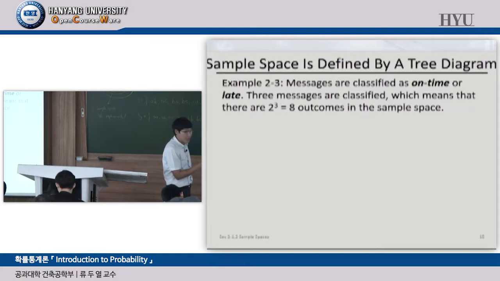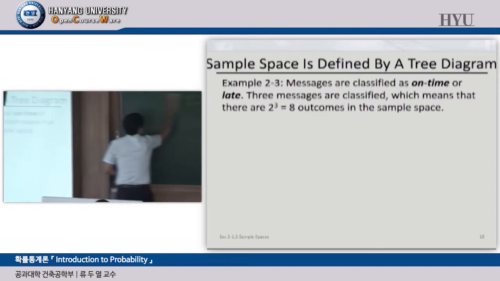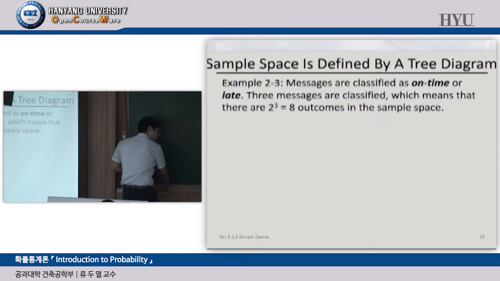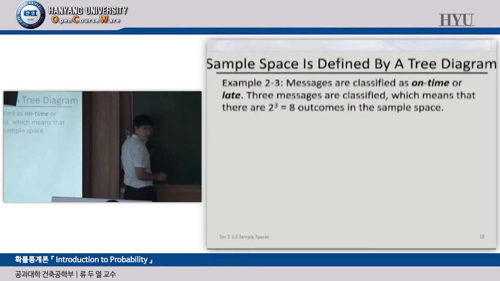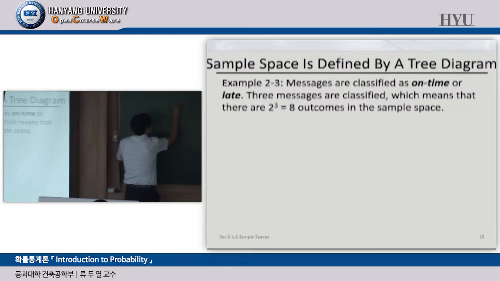And we also have 3 messages, and these can be 3 inputs. So based on my previous lecture, if we have 2 levels and 3 inputs, the number of outcomes will be 2 to the third power, right? So this is the number of messages, and this is the class. And each message is classified as on time or late. So the number of outcomes will be 8.